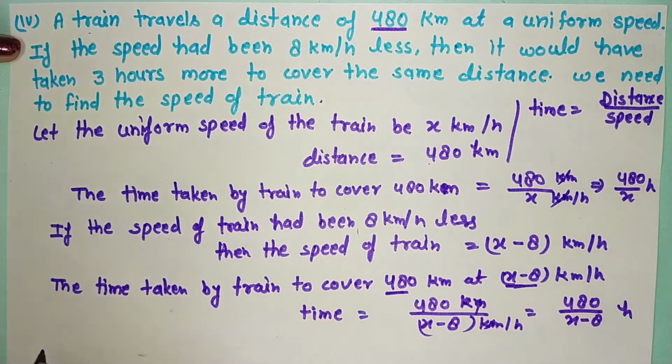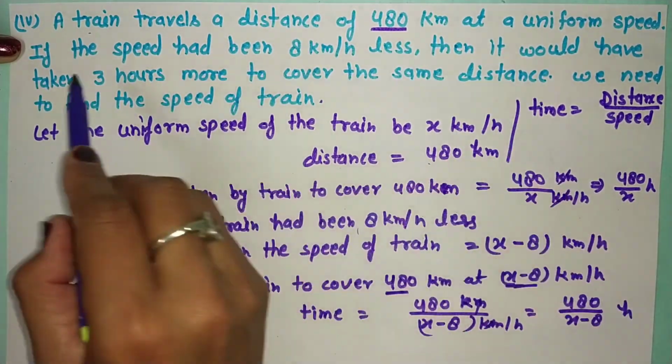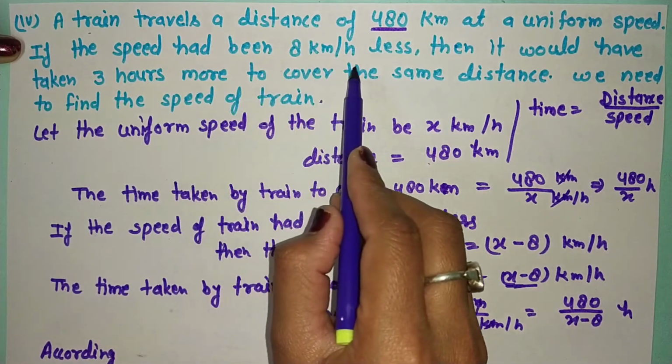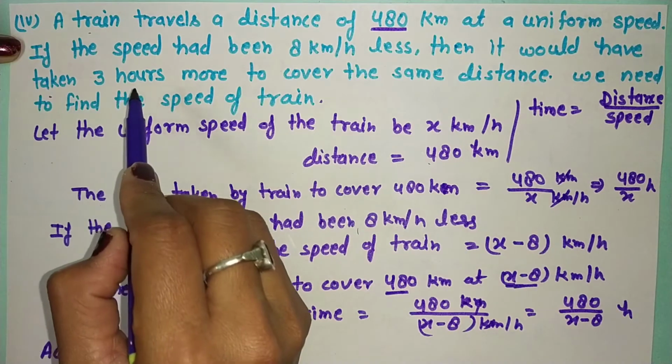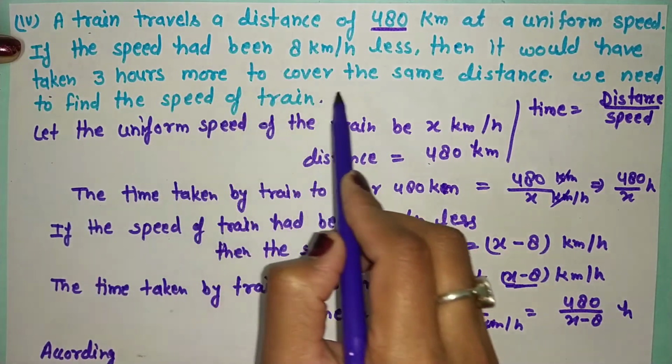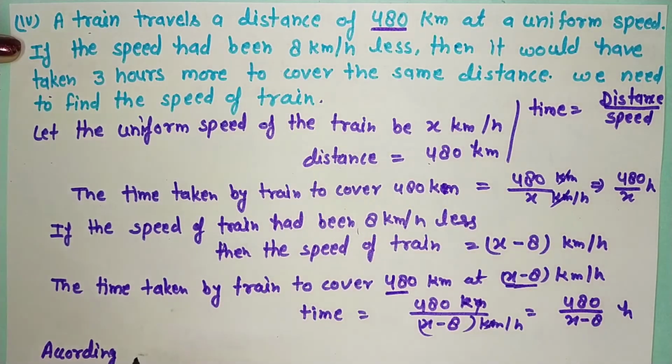And according to the question, it is given that if the speed had been 8 km per hour less, then it would have taken 3 hours more to cover the same distance.